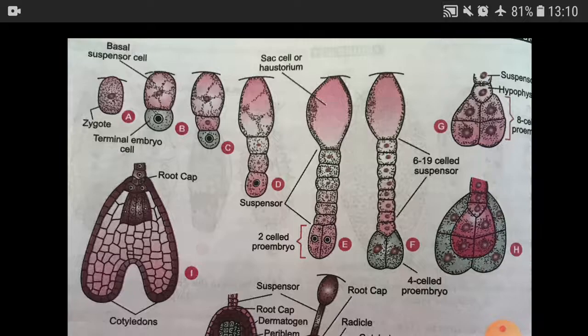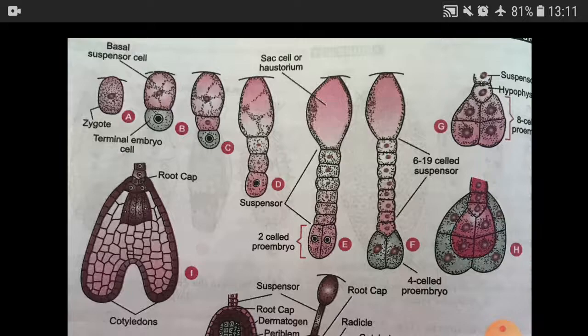Each of the 4 cells of the quadrant stage then divides by a transverse division to form 8 cells, the octant stage. Each of the 8 cells of the octant stage then divides by periclinal division to form an outer protodermal cell and an inner cell. Consequently, the 8-celled octant now becomes 16-celled: 8 external protodermal cells and 8 internal cells.